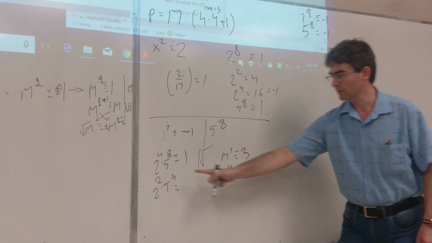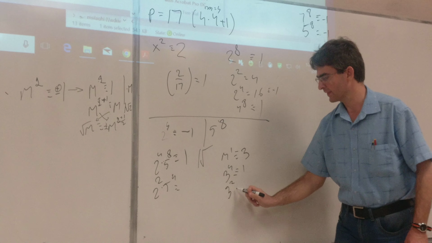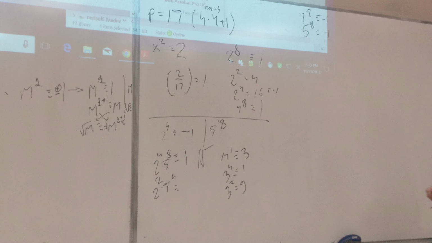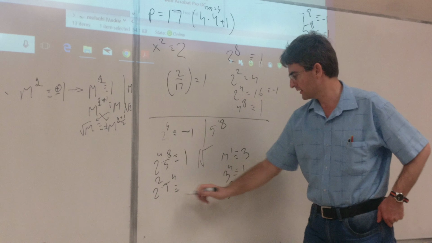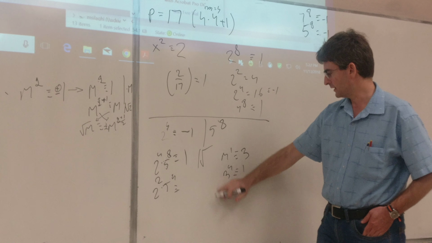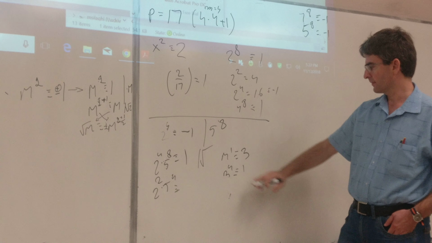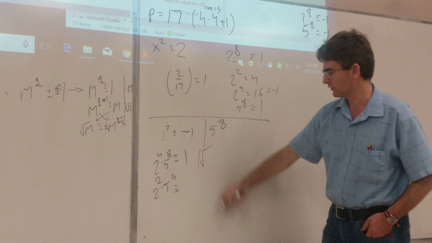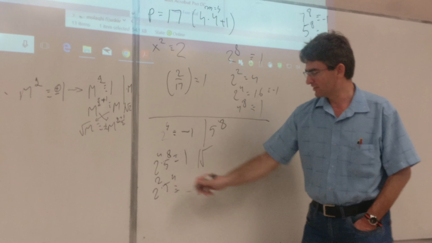Okay, so this is equal to 3 squared, which is 9. Let's check. It's not. That was a little not in the right direction. So let's check how much of that.